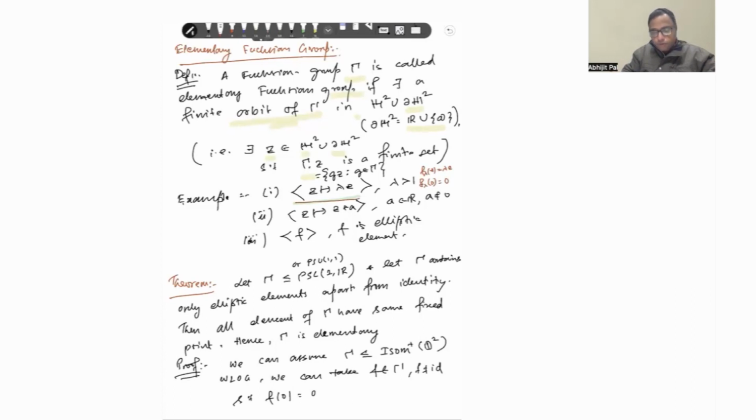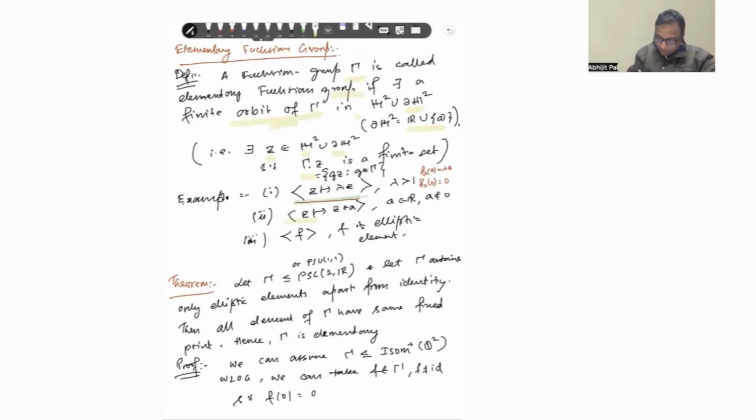Therefore, the cyclic subgroup of PSL2R generated by Z goes to lambda Z will be an elementary Fuchsian group.